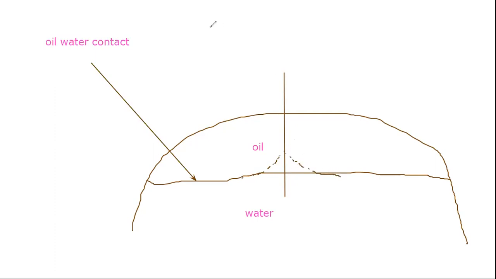Now when this water makes a shape like a cone, when you are producing from this area, only water is coming. It's not because the actual water level has risen, it's because the water has made a cone. So this is called water coning.